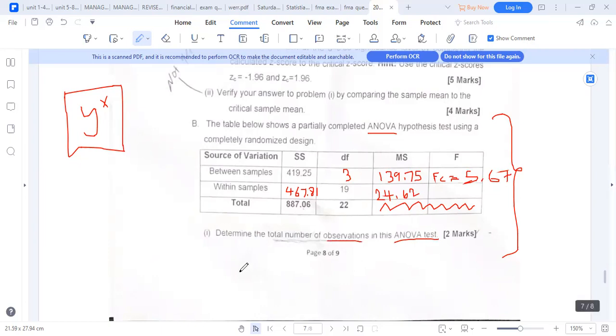What is our n? How many observations are in this test? Quickly. I explained this. 9.